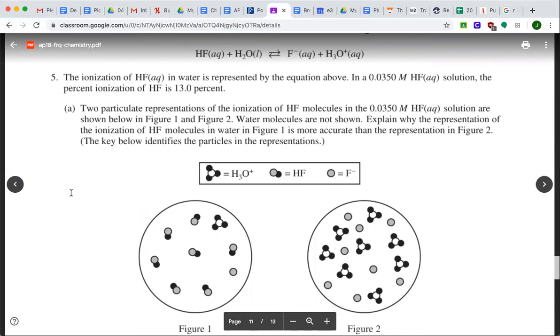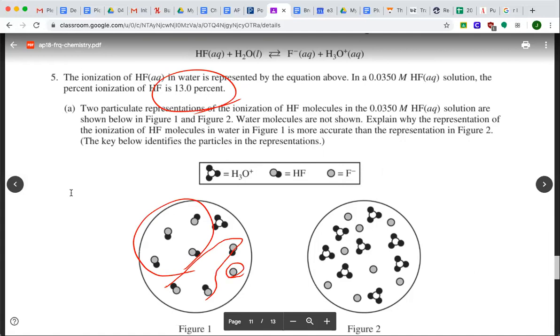All right, so that's what you want to see, right? It's 13%. So roughly one in every 7 or so molecules is ionized. So you've got 1, 2, 3, 4, 5, 6, 7. Then the eighth one is not, right?